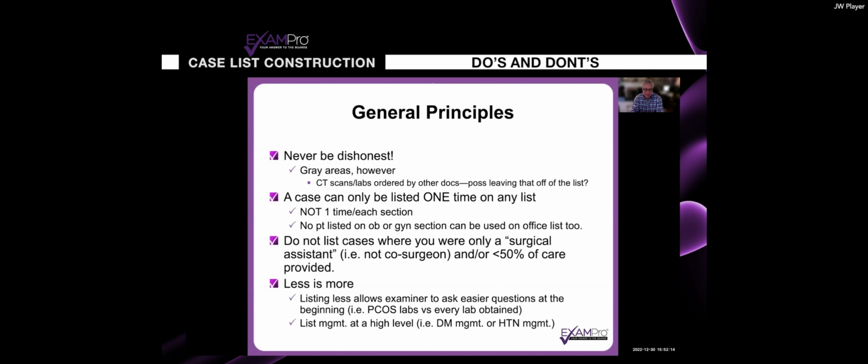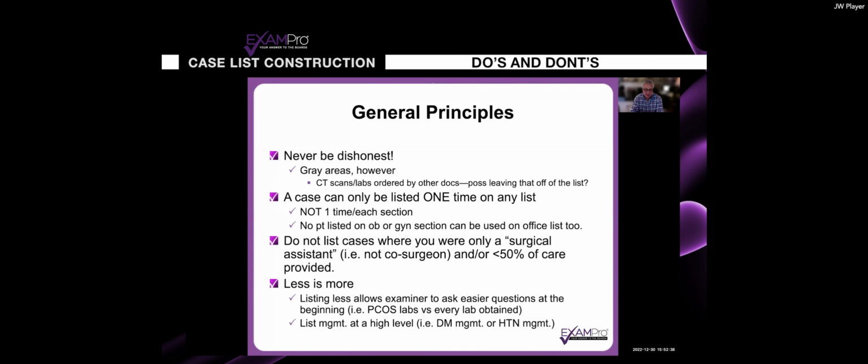For example, instead of listing every PCOS lab that you may have ordered for a patient, much better to list something high level. It says PCOS labs. If you list that, you can imagine the examiner might say to you, well, when you have a patient that you suspect has PCOS and you're doing a laboratory evaluation, what labs do you get? Well, that's a pretty easy question to answer.